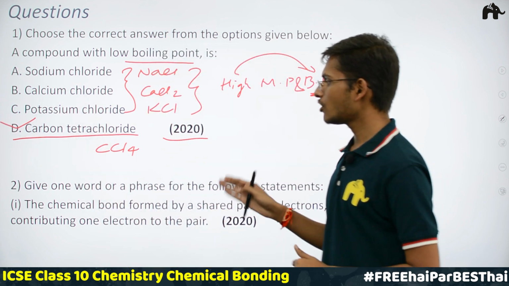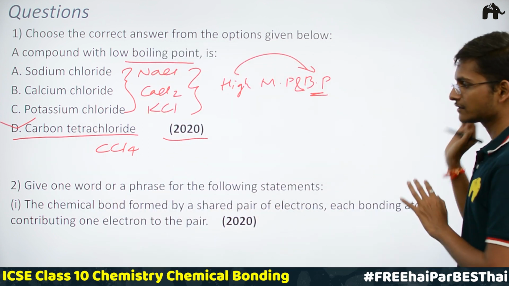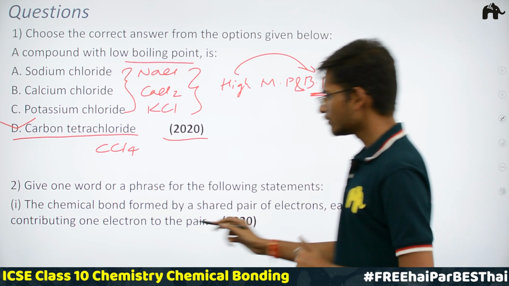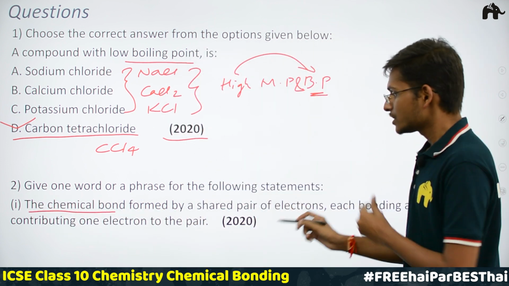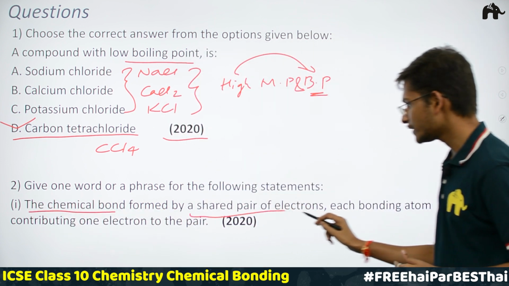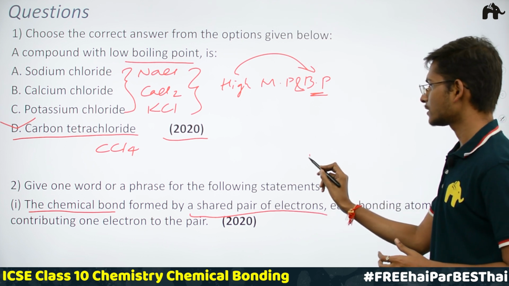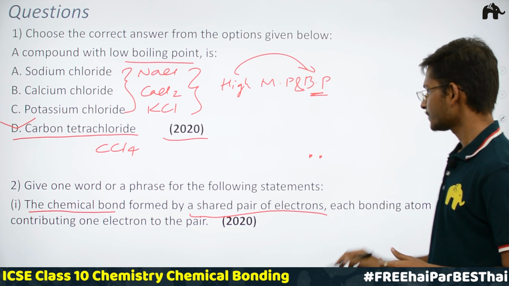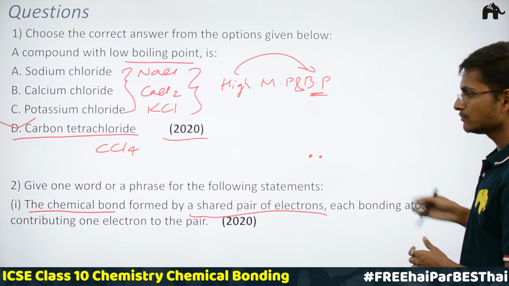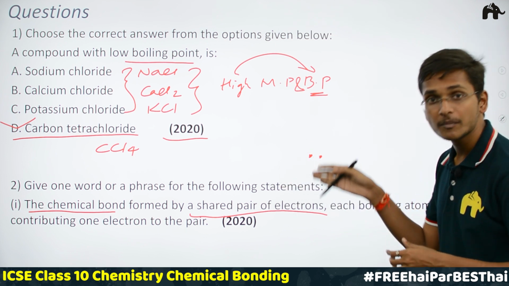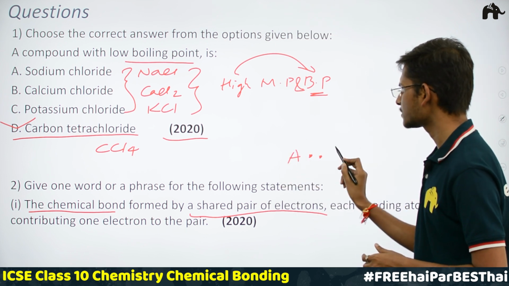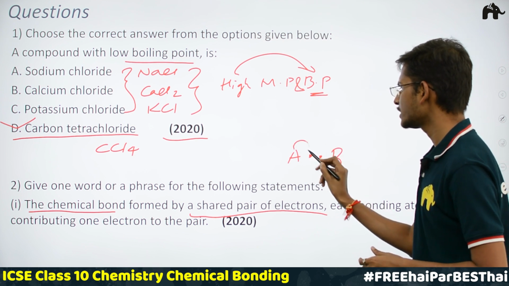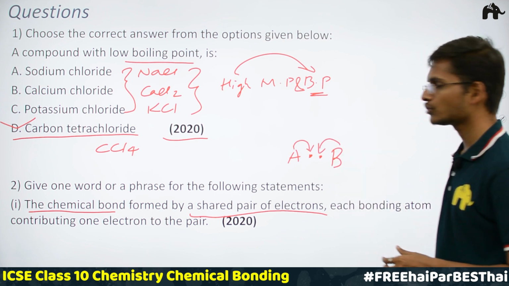Give one word or a phrase for the following statement. The chemical bond formed by a shared pair of electrons, each bonding atom contributing one electron to the pair. Suppose A and B are the atoms, each bonding atom is contributing one electron to the pair.